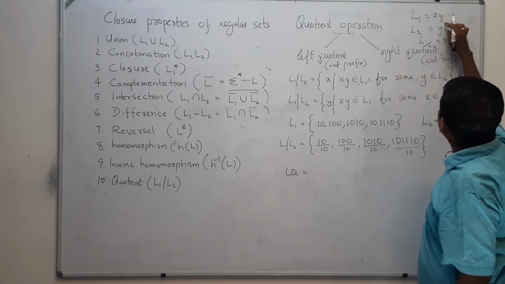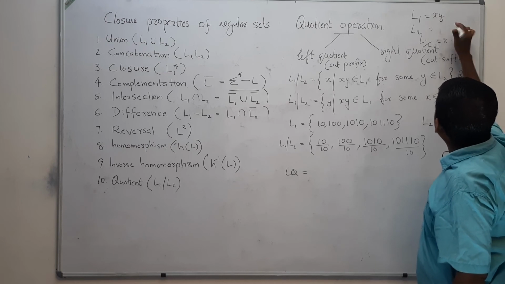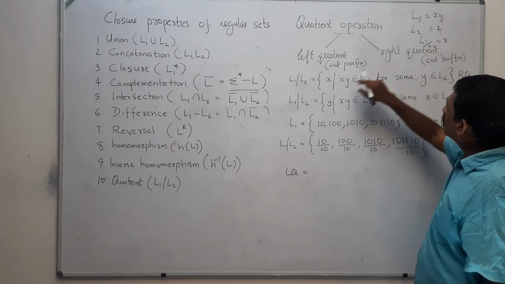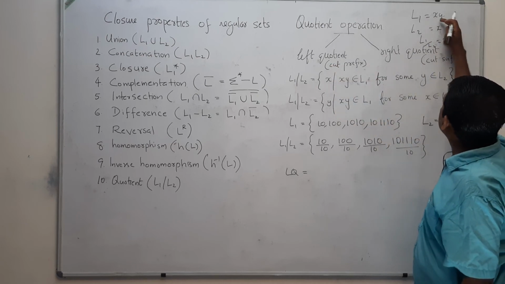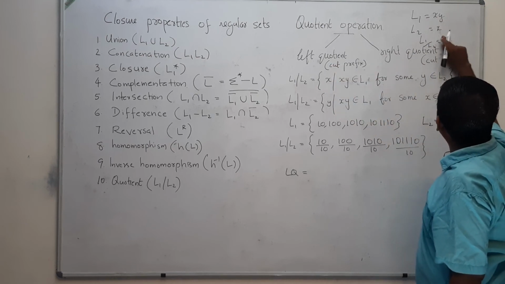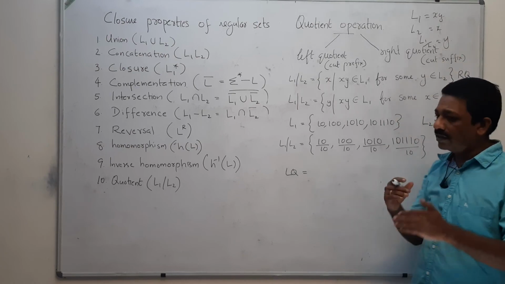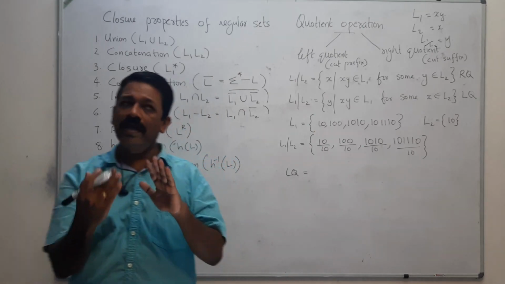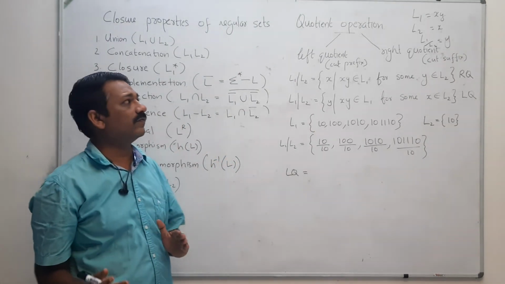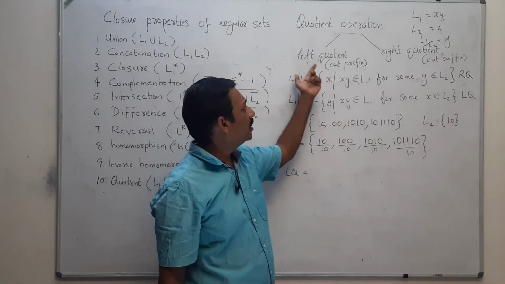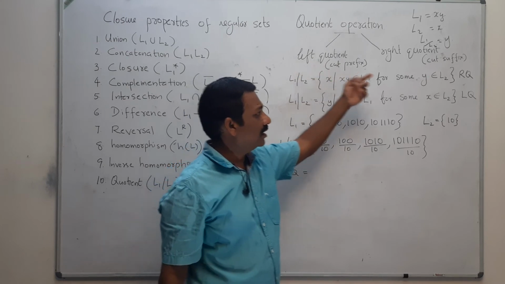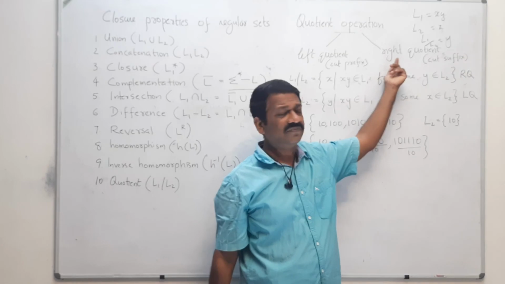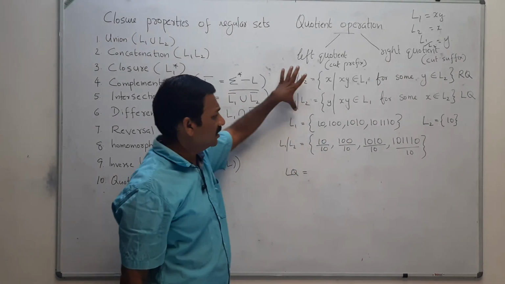And if xy is this and L2 is x, then L1 by L2 is y, cutting the prefix. So there are two types of quotients. You are cutting either the suffix or the prefix. If you are cutting the prefix, it is called left quotient, and if you are cutting the suffix, that will be right quotient. Okay, that is the definition.